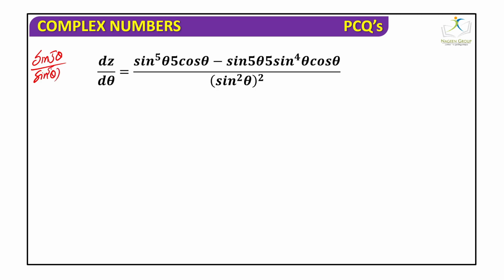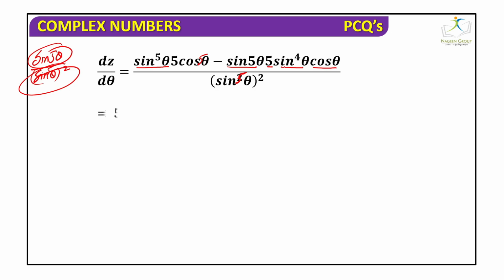Now this will be equal to, differentiation you all remember, it's v square, whatever the denominator is, its square, keep that term as it is, sine theta to the power 5, then differentiation of sine 5 theta, which is here 5 cos of 5 theta, minus, then take this sine 5 theta as it is, then differentiate sine theta to the power 5, that is the power comes in front, from the power one is subtracted, and what is the differentiation of sine theta? Cos theta.